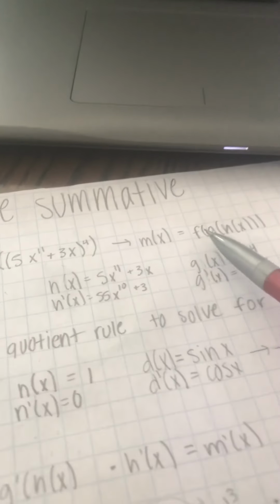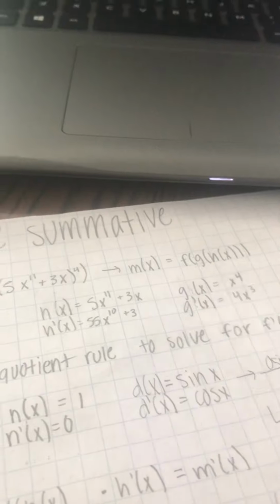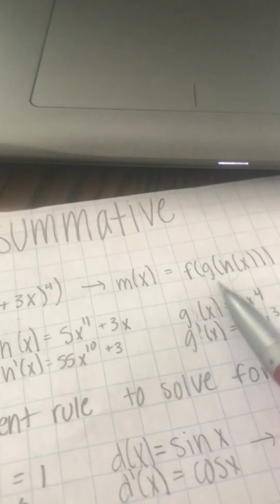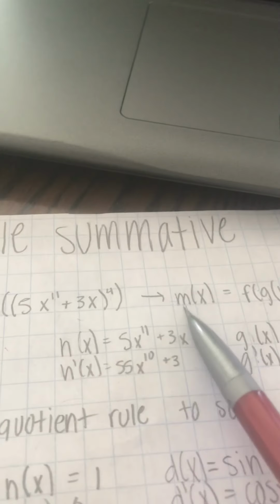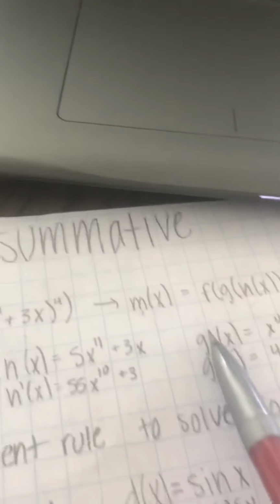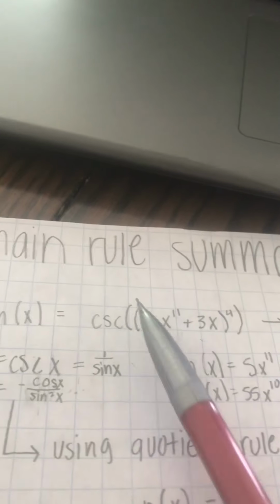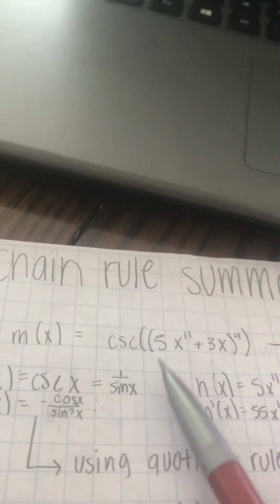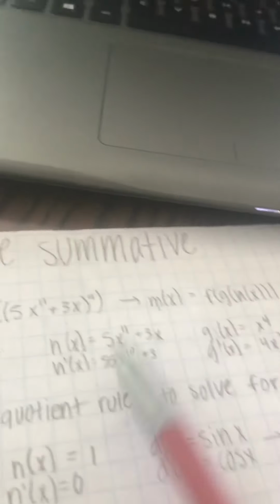And what I mean by that is I said m of x is equal to f of g of h of x. And when I say that, I mean these are the functions that are affecting the overall m of x. So my f of x that I see is this cosecant of x that's affecting everything inside. And even in this one, you can see the parentheses that you have lined out here.